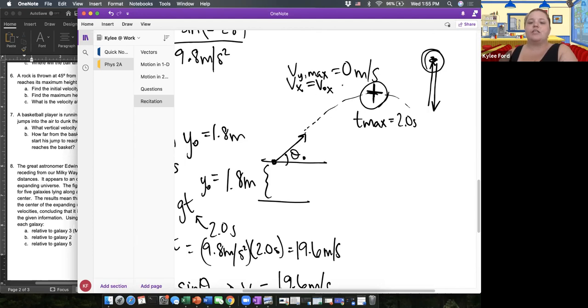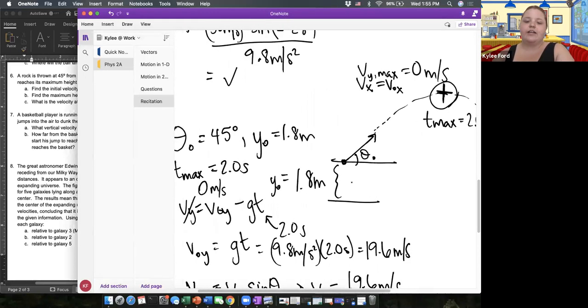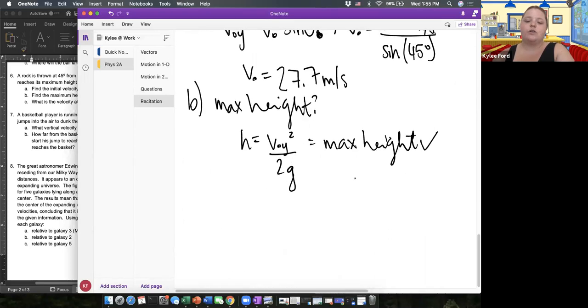But we didn't know our v sub x at maximum, which is also our velocity in the x direction the entire time, right? Because that doesn't change. So we basically just need to find that value then. We need to find v sub x or v sub not x, okay? So we need to find this value, okay?